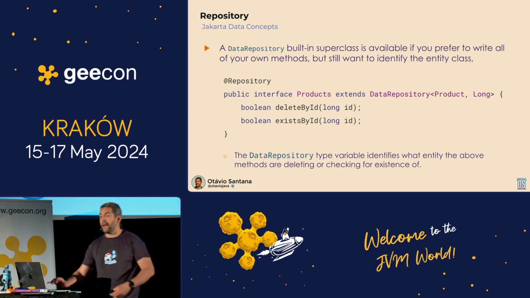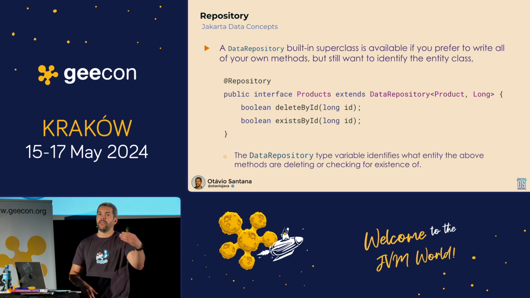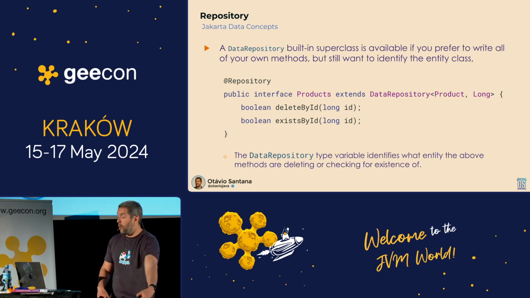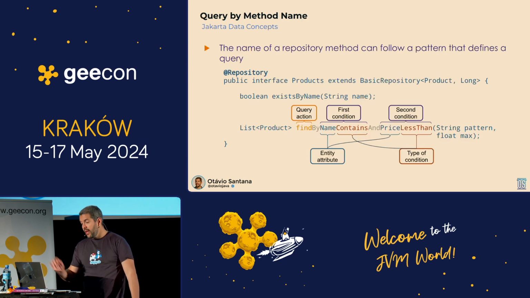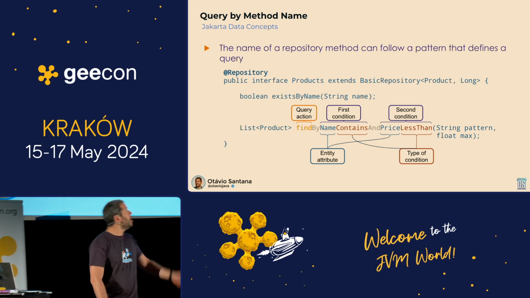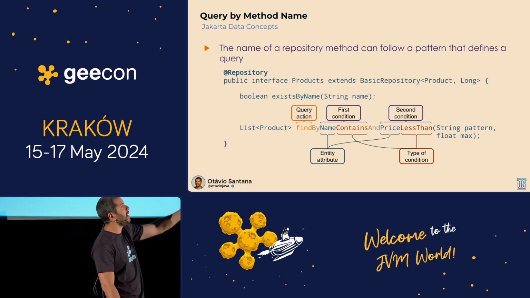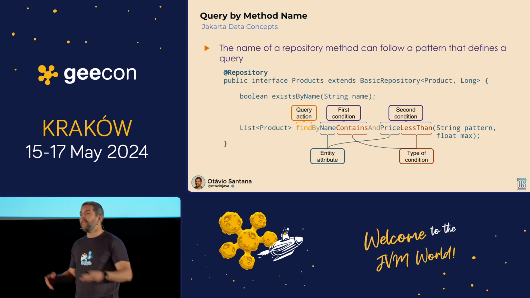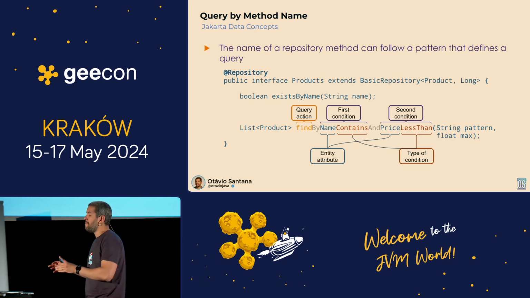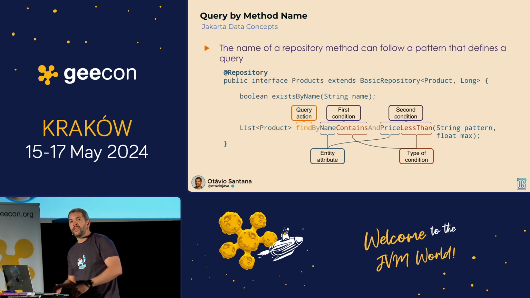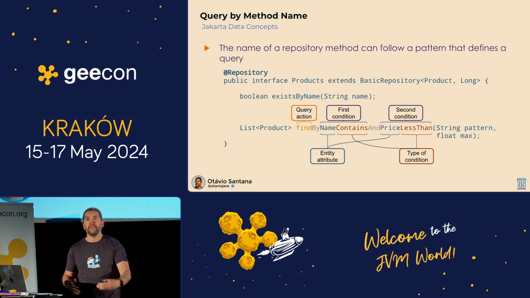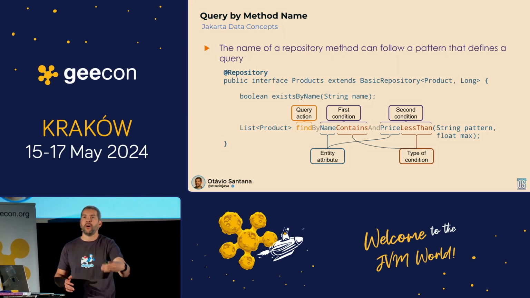So I have my prefix, my condition, and then my operation. Take here, for example, I'm doing find by name contains and price less than. So what I'm doing is query by method. I'm executing a query based on the naming convention of the method.